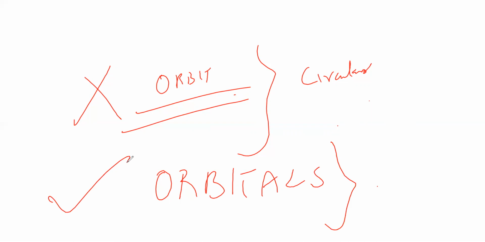For example, Rutherford's plum pudding model, Niels Bohr. Correct. All of this we have studied in our lower classes. But actually speaking, those are all failure models. Everyone agree or disagree? Rutherford and Niels Bohr or whatever it is, are those models failure or not? Tell me, is it failure or is it a perfect model?